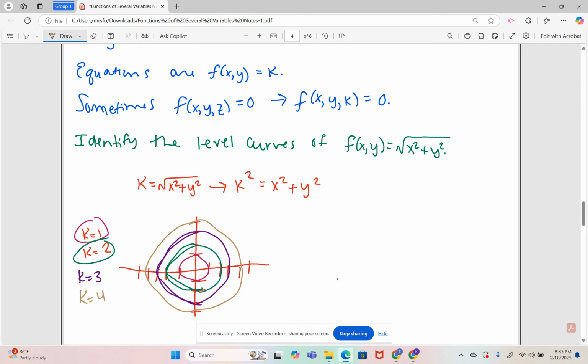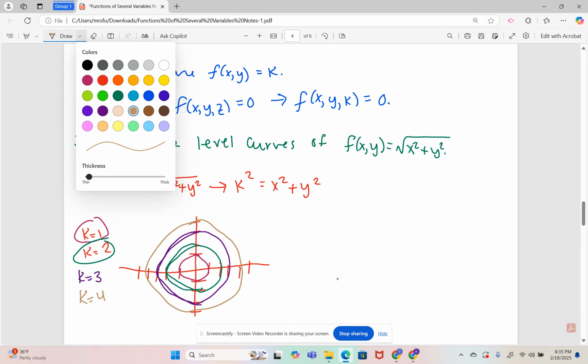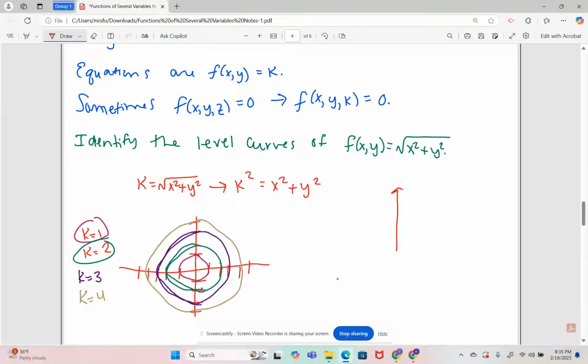Now when we look at this in 3 dimensions, from our z, x, and y, I'll label these.